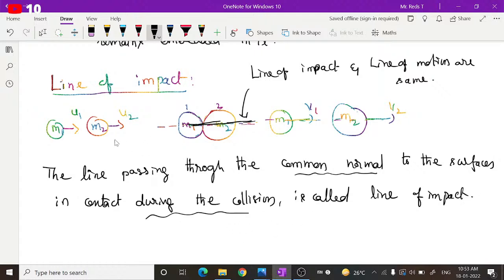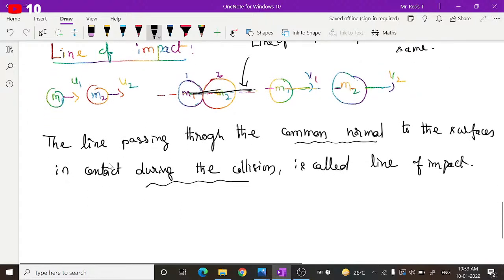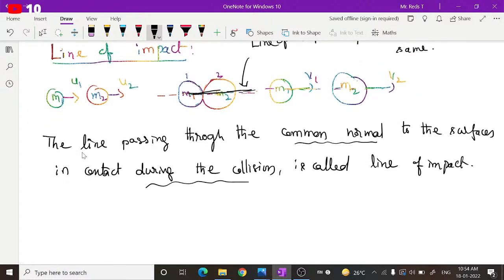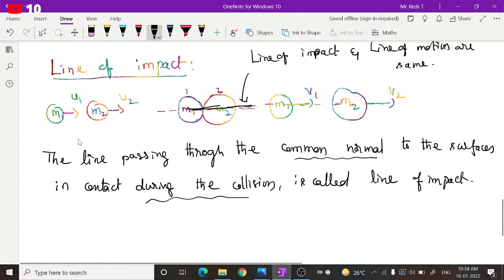To understand this, we can take an example. How can you distinguish the line of impact and the line of motion? With the help of another diagram, you will get a little more clarity.